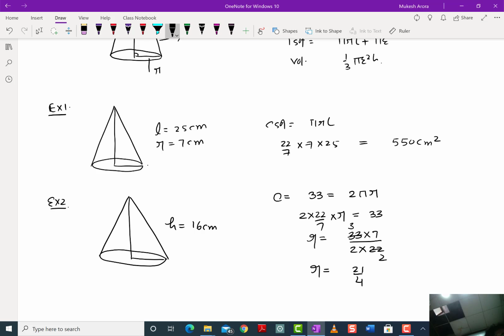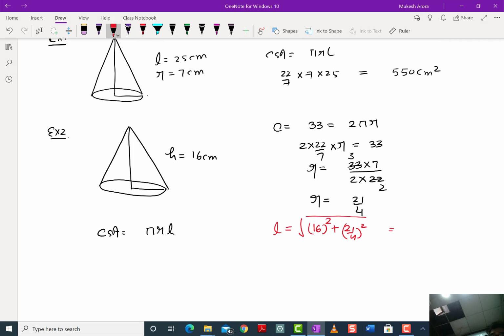So we have to find the curved surface area. The curved surface area is pi r L, where L will be equal to the square root of 16 square plus 21 by 4 whole square.